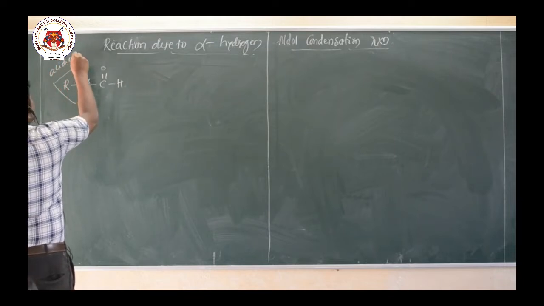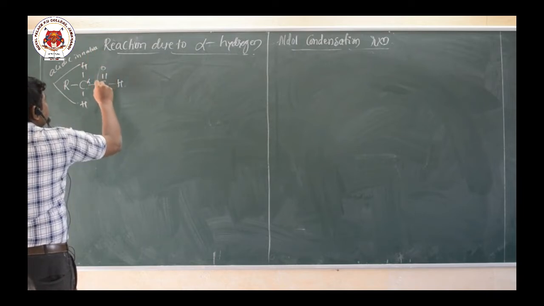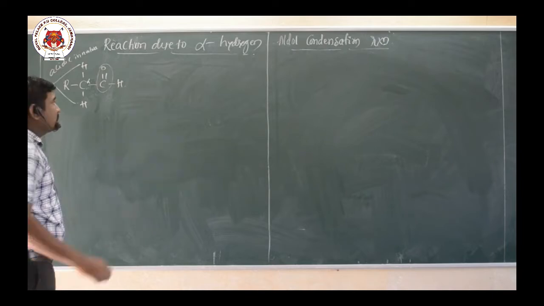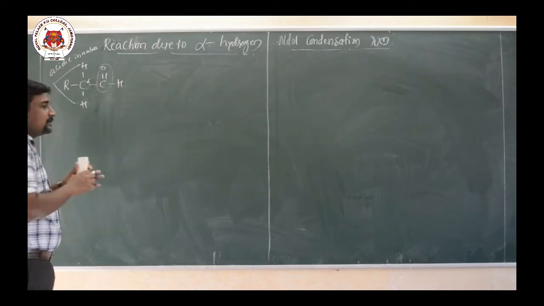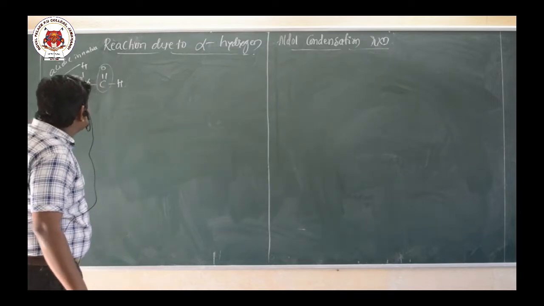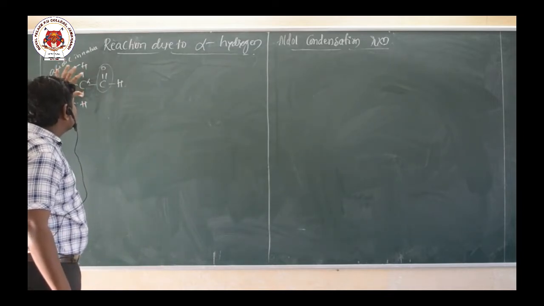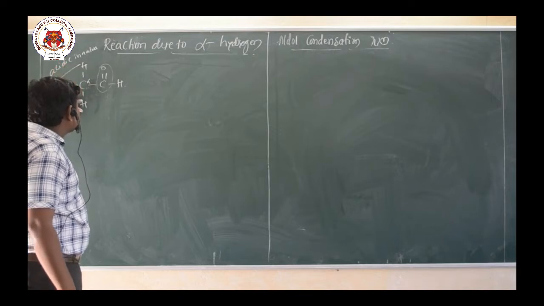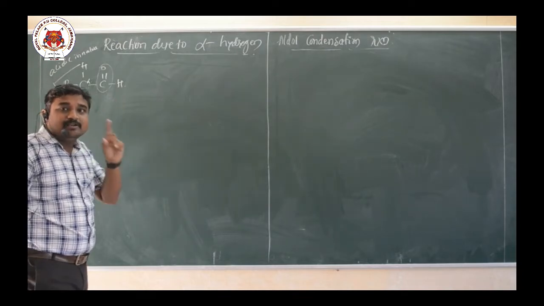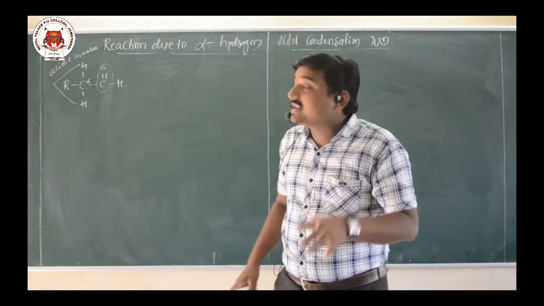Acidic in nature because of the strong electron withdrawing capacity of the carbonyl carbon atom. Due to this, the alpha carbon hydrogens are acidic in nature.